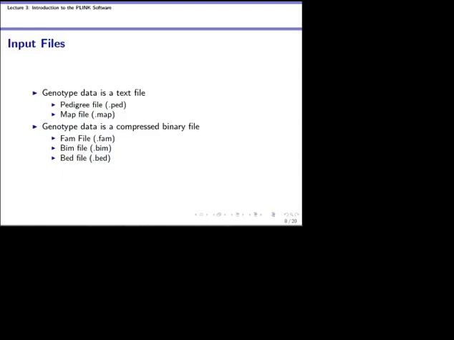The large genotype data gets compressed into a .bed file. So all the genotype data in this file gets compressed here. And then the first 6 columns, which give us information like the family ID and sex, go into the .fam file.